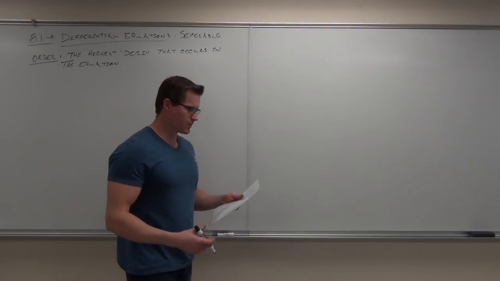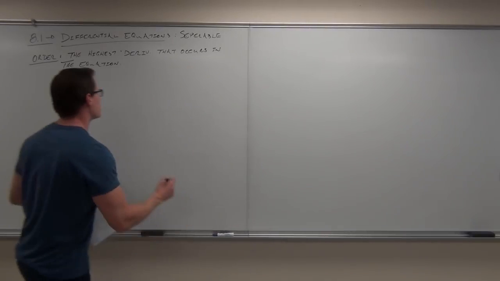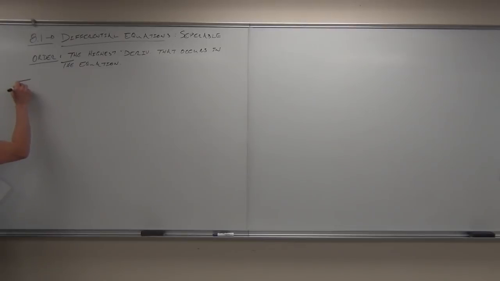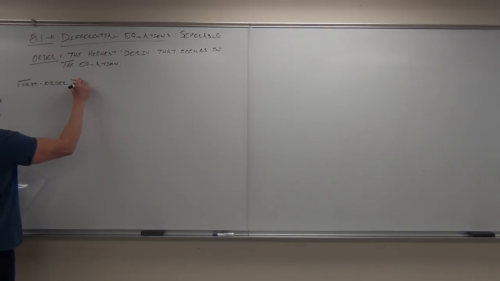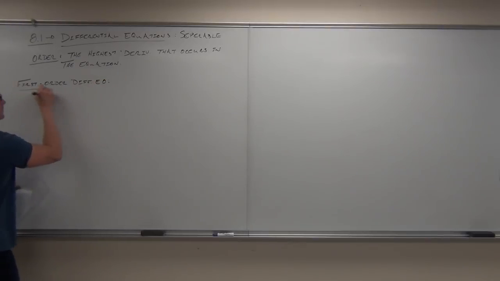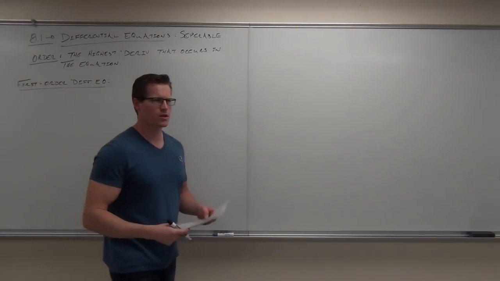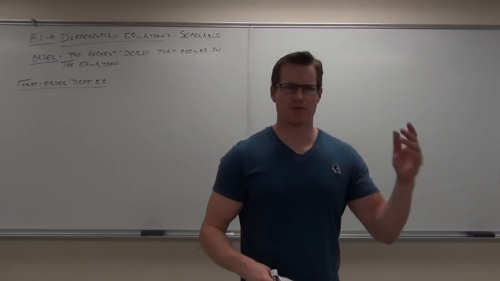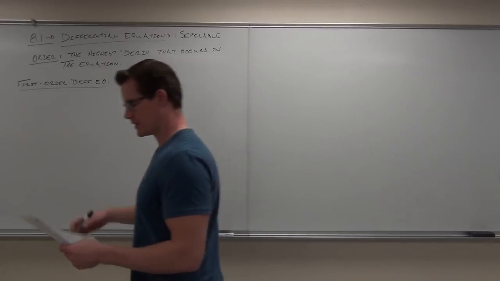Let's look right now at some first order differential equations. Tell me again what first order is going to mean for us. Just going to have the first derivative up there. So first derivative and then the function itself.